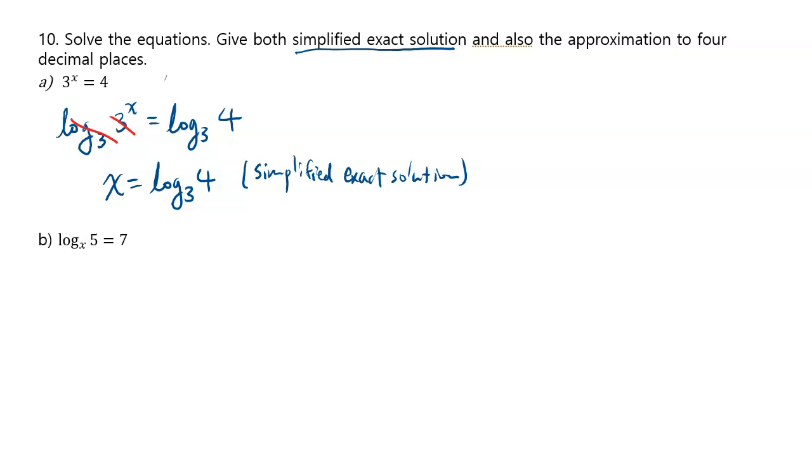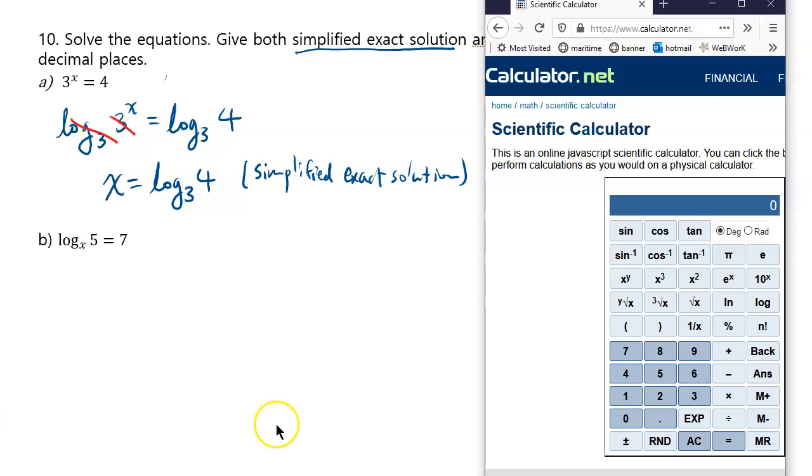But what is that really in terms of decimals? Well, let's bring our calculator. I'm just using calculator.net, but you'll be using some scientific calculator for that. So let's see.